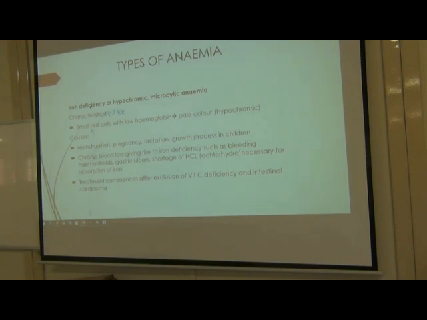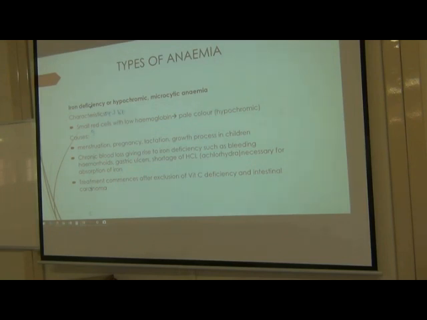Chronic blood loss as a result of hemorrhoids, gastric ulcers could also lead to what is called your iron deficiency anemia, or shortage of, take note of that, hydrochloric acid, HCl, which is necessary for absorption of iron. If it is short, then iron cannot be absorbed. Okay, so that would lead to your iron deficiency anemia.